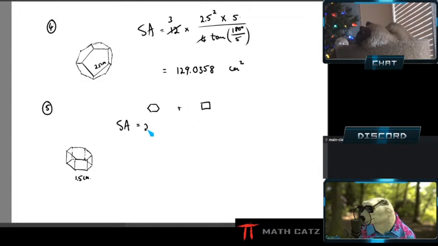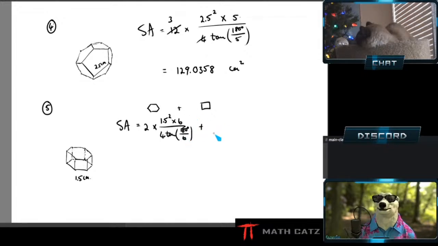So I have two hexagons. For the hexagon, I'm going to need the formula: 1.5 squared, side length squared, times number of sides of a hexagon over 4 tan 180 over number of sides of the hexagon.